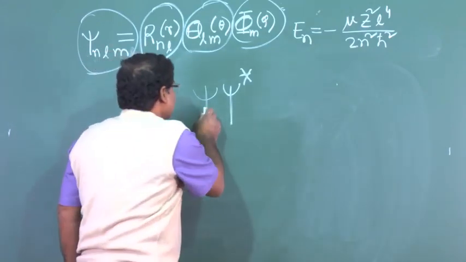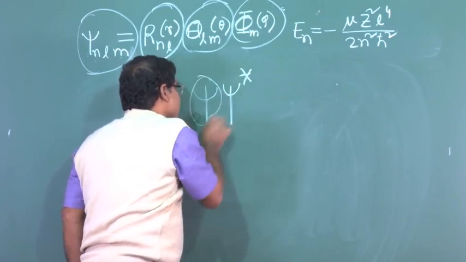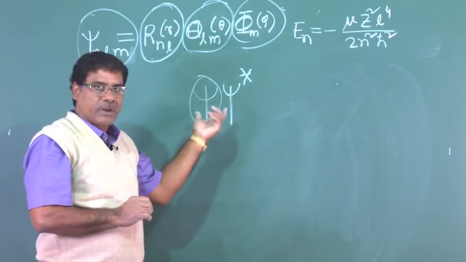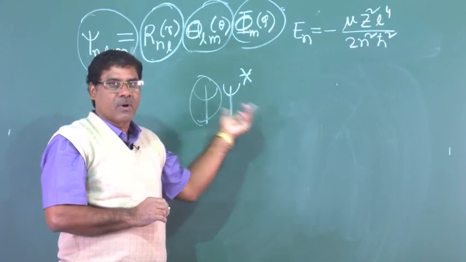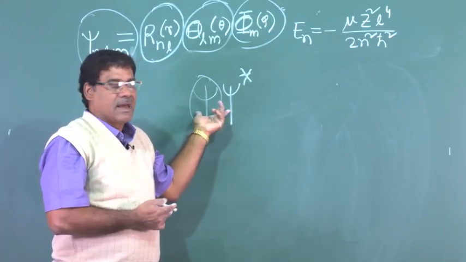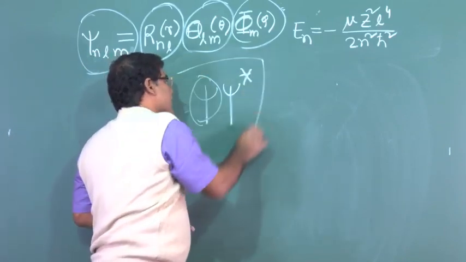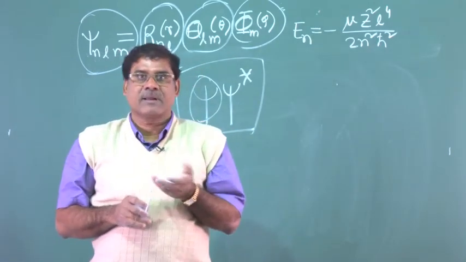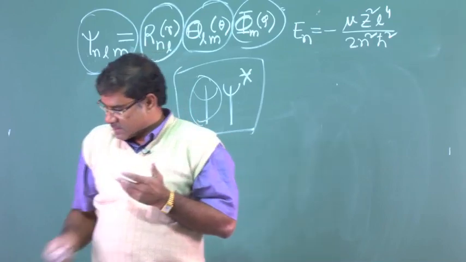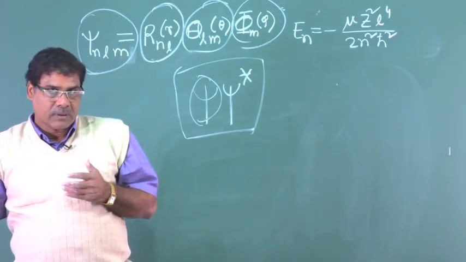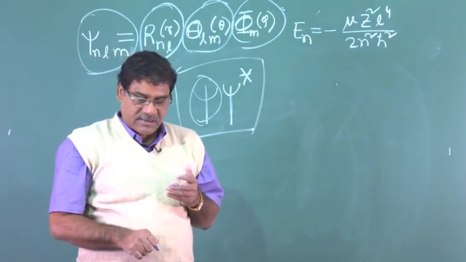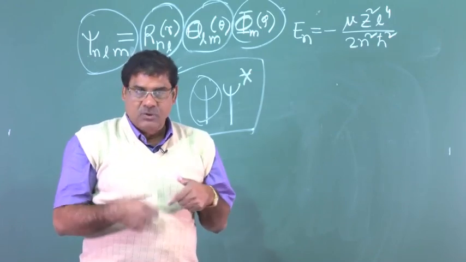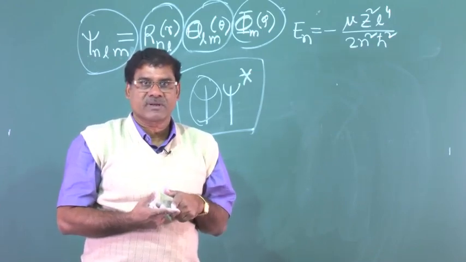So, instead of plotting psi, we will also plot psi star psi, that is basically the probability or probability density. Okay. So, that is probability density.